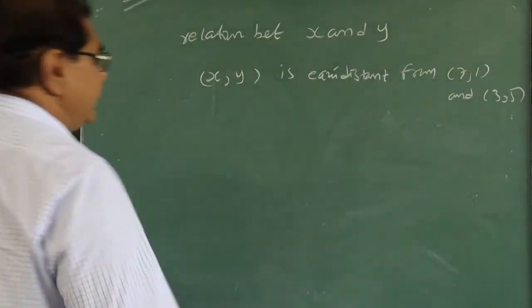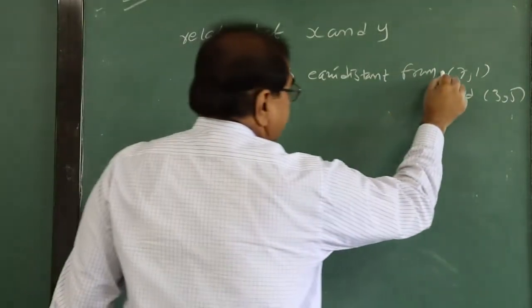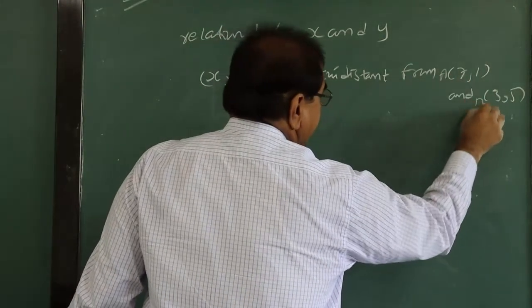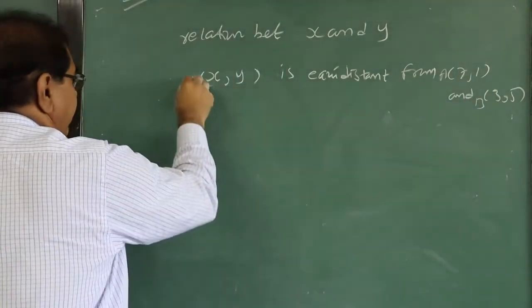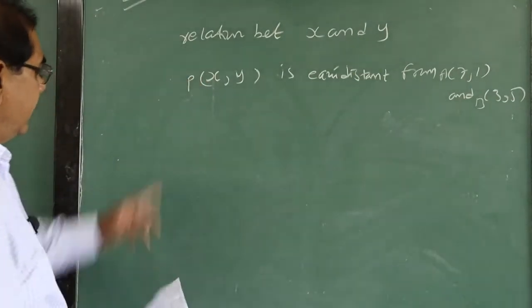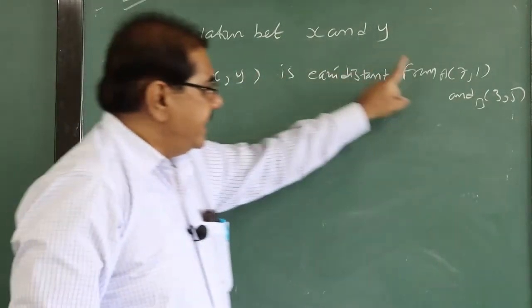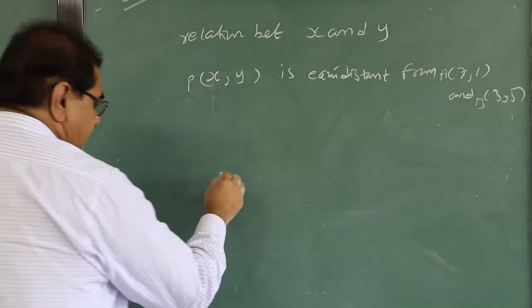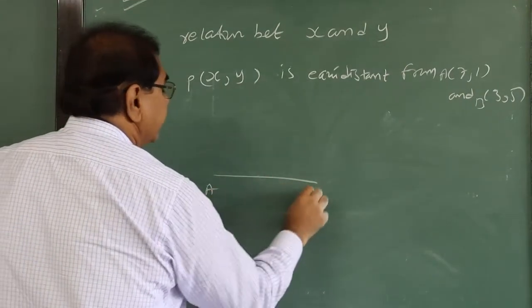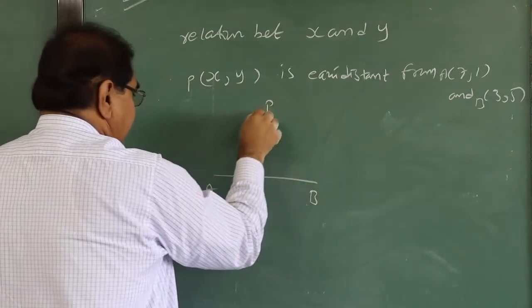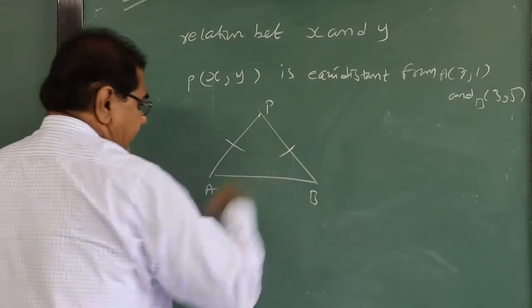Okay, so we just give names to the points. Suppose it is point A, it is point B, and this is point, suppose P. So what is given? P is lying at the same distance from A and B. So suppose these are A and B, and there is a point P lying at the same distance.